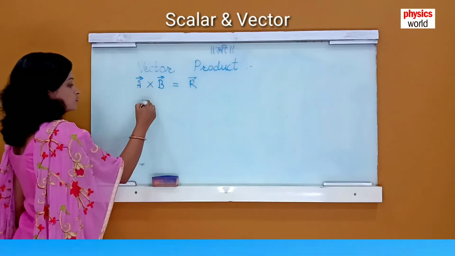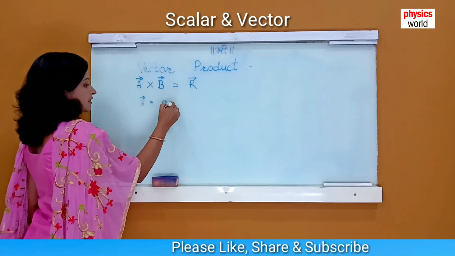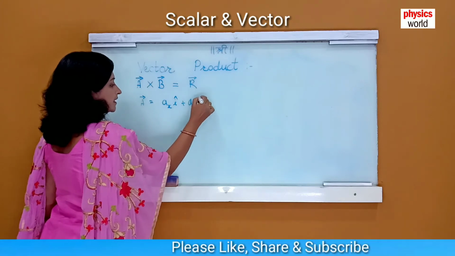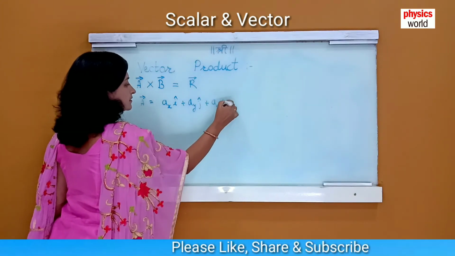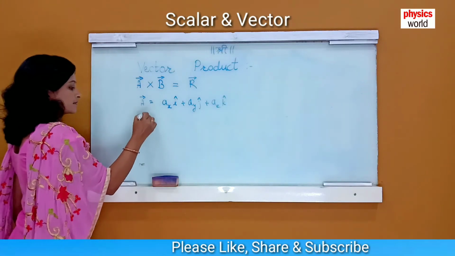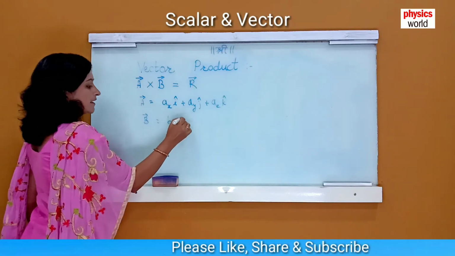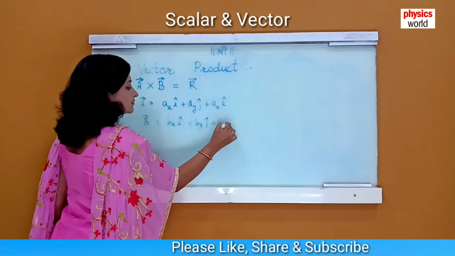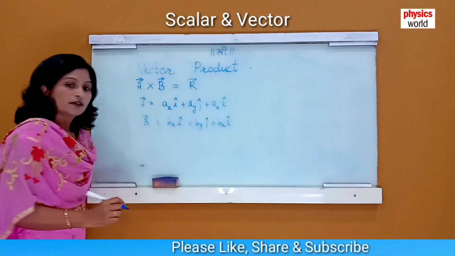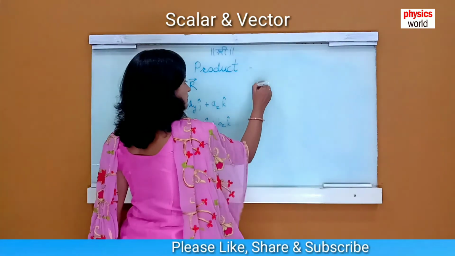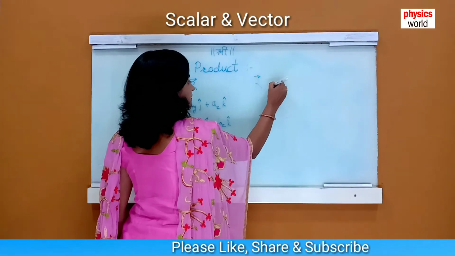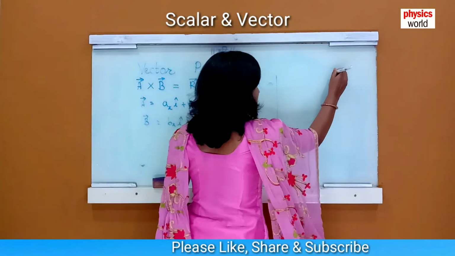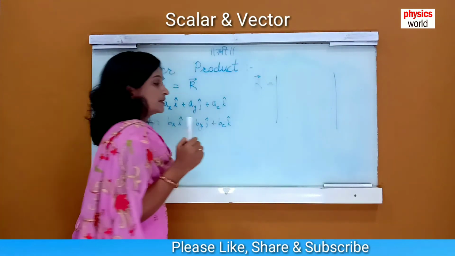Let us have two vectors, A as Ax i, Ay j, Az k, and another vector Bx i, By j, Bz k. Now in the determinant method, we get the resultant; the sign of a determinant is just two straight lines with this much of distance.